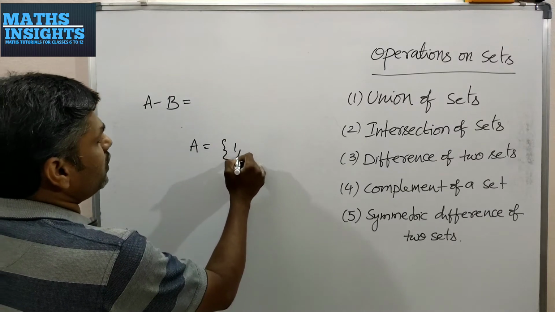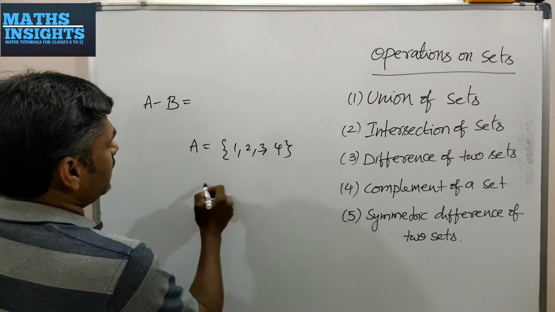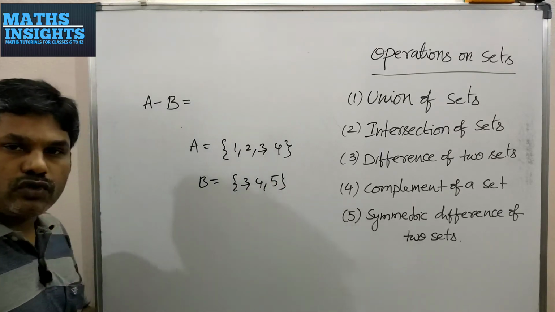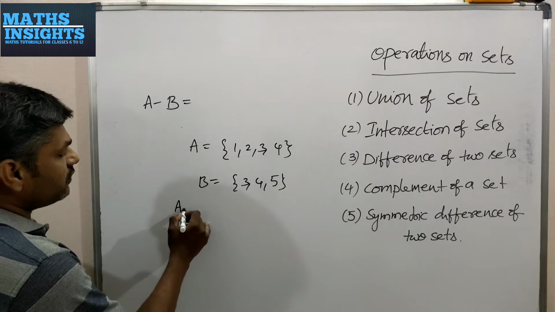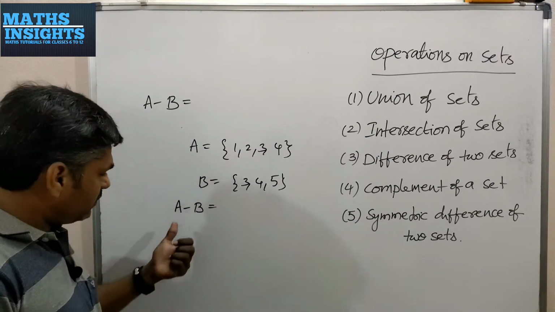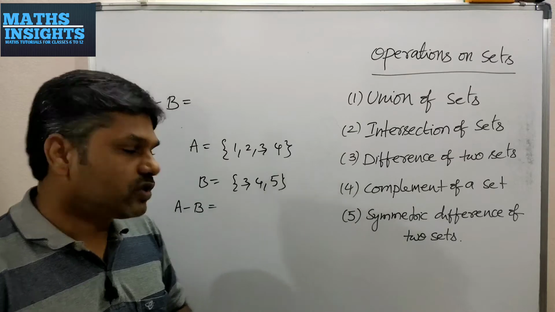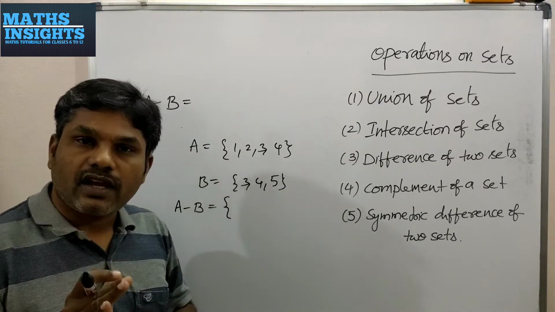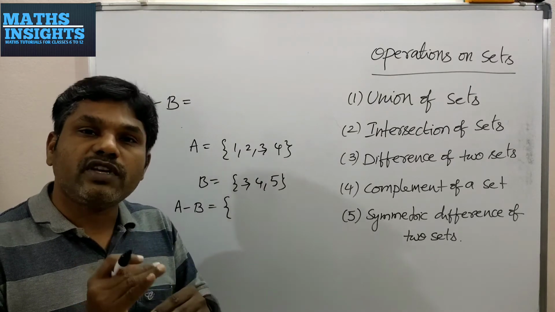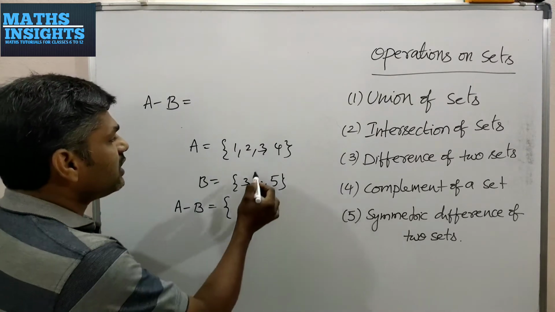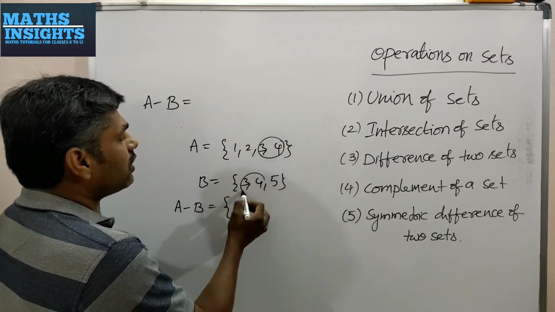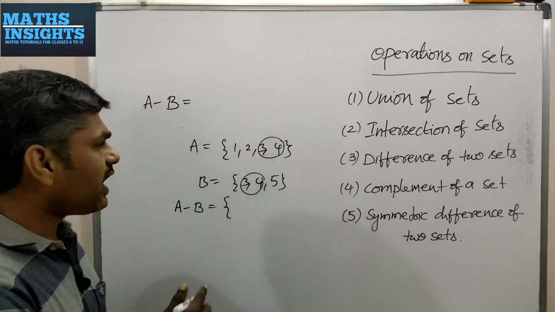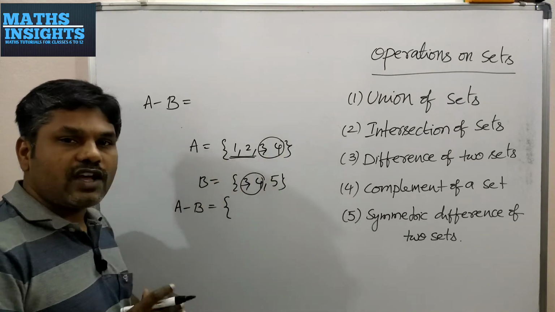Suppose A is equals to {1, 2, 3, 4} and B is equals to {3, 4, 5}. If we want to do the difference of two sets, I will first represent A minus B. I will write the elements of only A, and you have to remove the elements of B if any are there in A. If you observe, 3, 4 are both in A and B, therefore I will remove 3 and 4 and write the elements of A only.